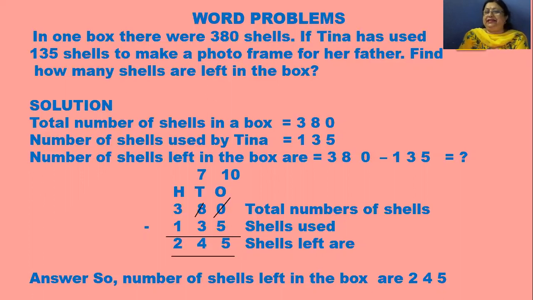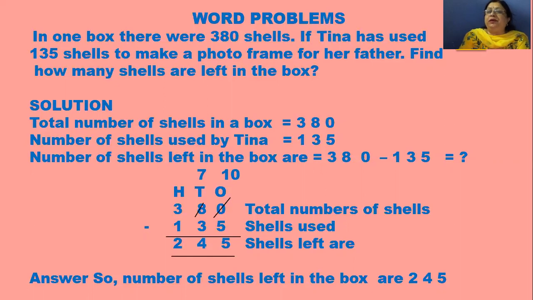And then tens is 7. 7 minus 3 will be 4. Very good. Awesome. And at hundreds place, we have 3. 3 minus 1 will be 2. Very nice. So, the number of shells left in the box are 245. This will be the answer.